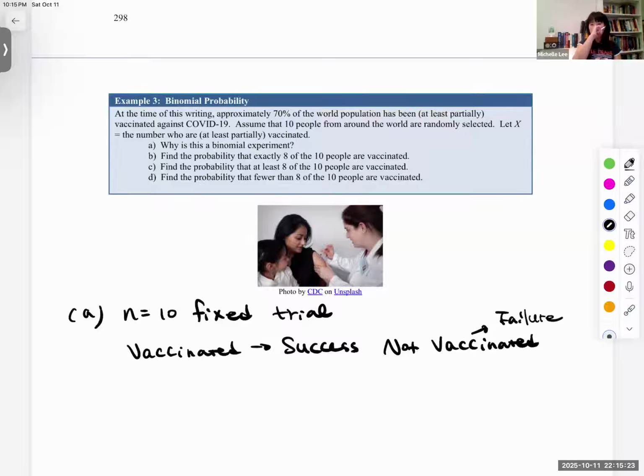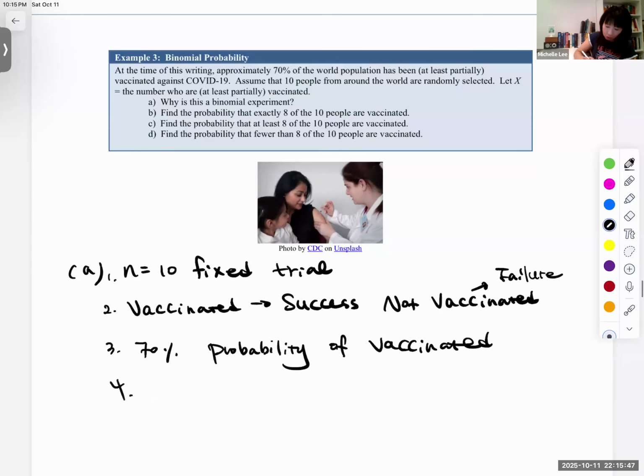Okay, what was the third one? Probability. So what's the probability? 70%, right? So number one, number two, number three, 70% is the probability of being vaccinated.